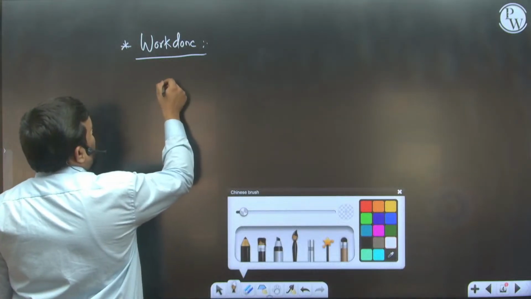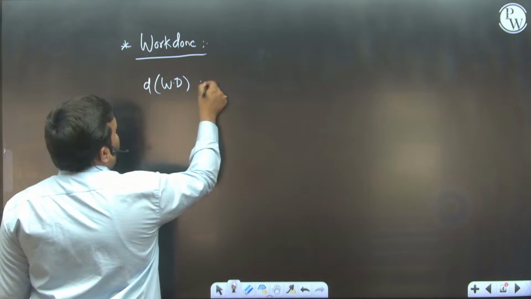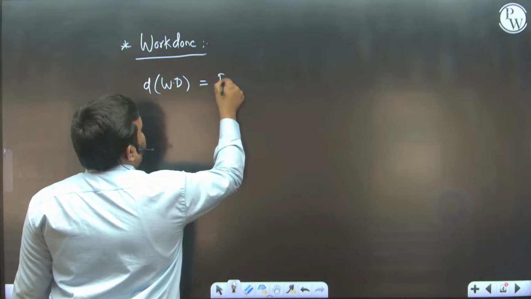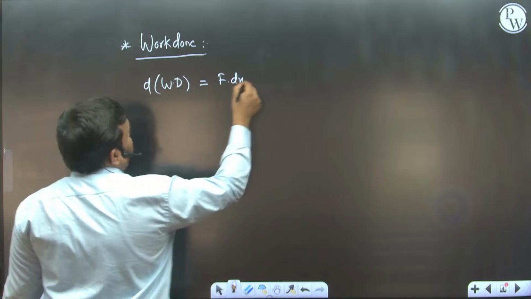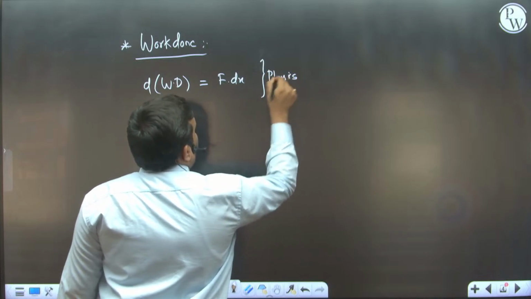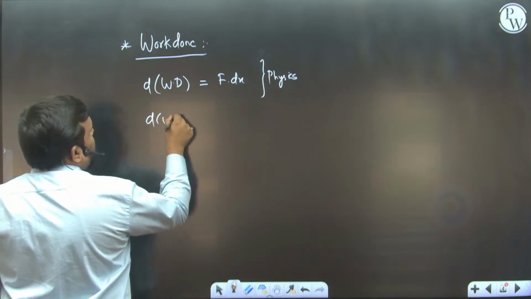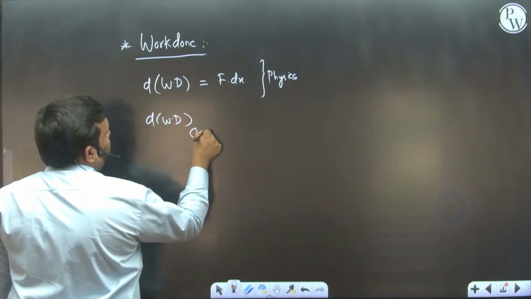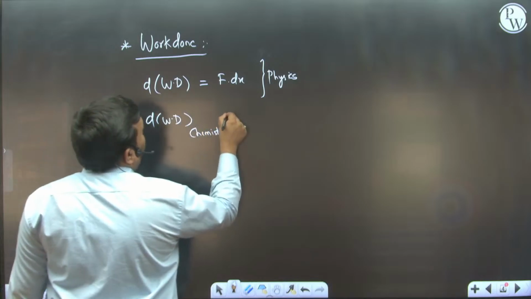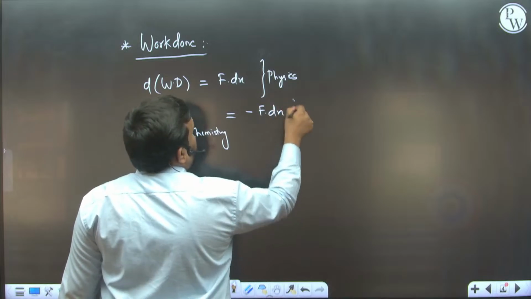In physics we call small work done as force into small displacement. This is for physics. Okay. For chemistry, the small work done, I am writing over here chemistry, will be minus force into displacement.